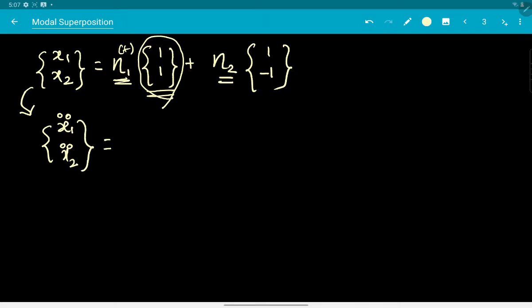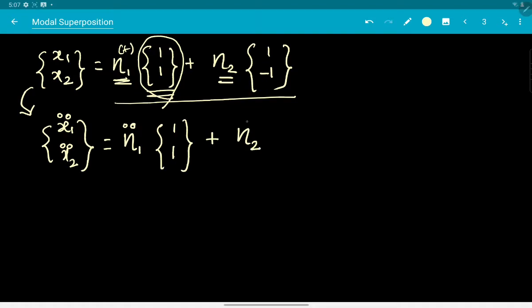So if you are differentiating this side with respect to time, then eta 1 will be differentiated twice with respect to time, and this mode shape is going to remain as is. Similarly, eta 2 will be differentiated with respect to time twice, but the second mode shape is not going to change.